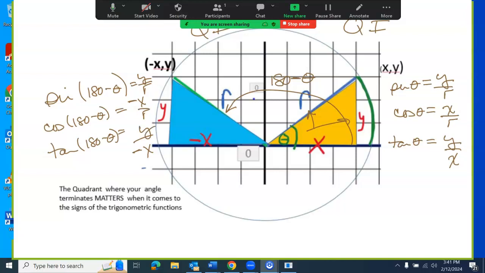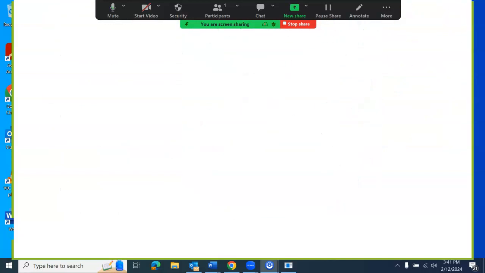Okay, so the quadrant matters, and we're going to do a lot more with this, but that kind of explains how I'm getting the positive and the negative values. The x is negative in this quadrant. Therefore, anything that has an x in it will also go negative. Sine does not have an x in it. Sine's based on the y, and therefore sine is positive in the first and second quadrants.